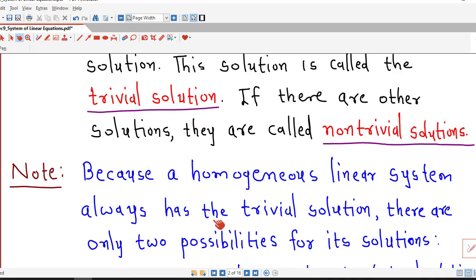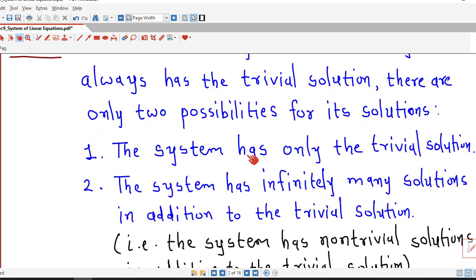So for any homogeneous system there are two possibilities for solutions. First possibility is the system has only the trivial solution. That means the system has only a unique solution. This is the case of unique solution.